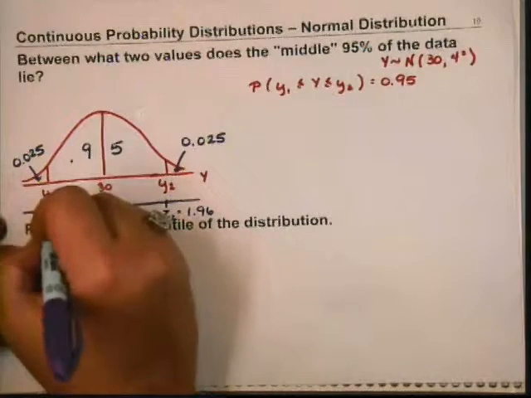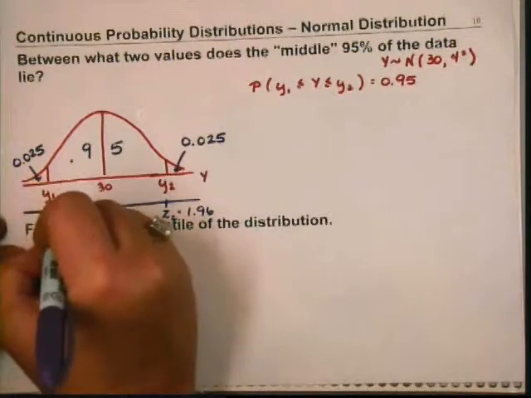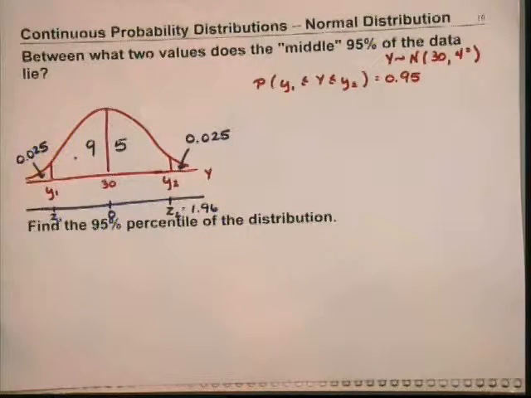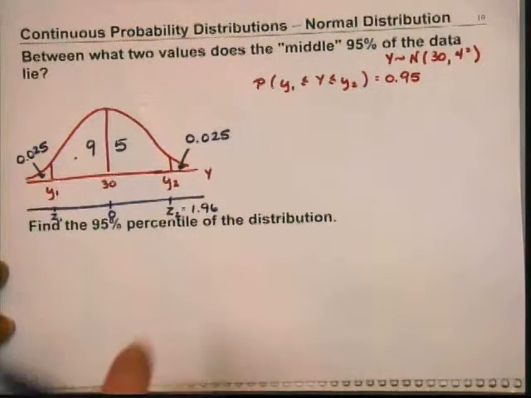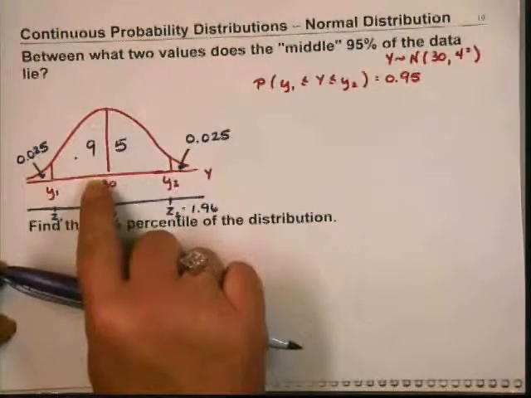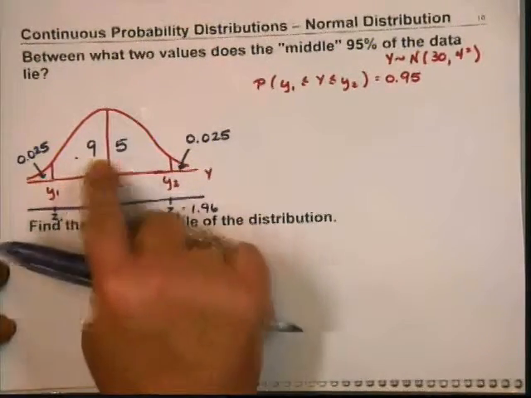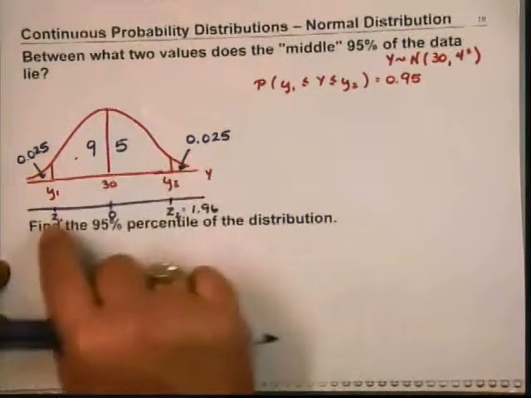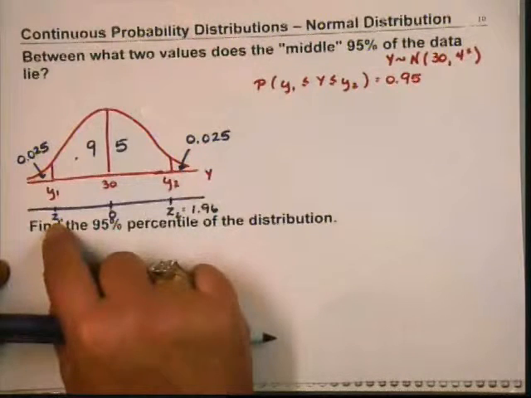How do we find z1? A couple of different ways. You could look for a right-hand probability of 0.975, taking the 0.95 and adding to it the 0.025, and find the probability 0.975 to define z1.